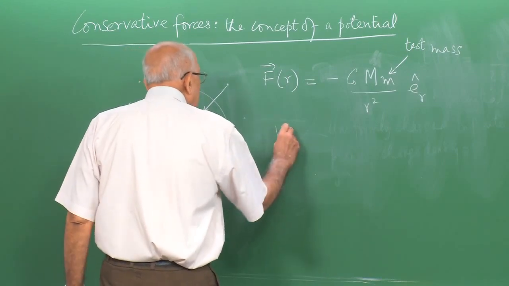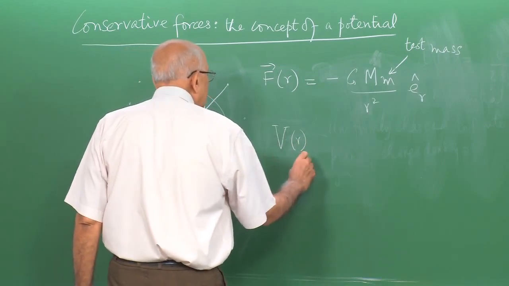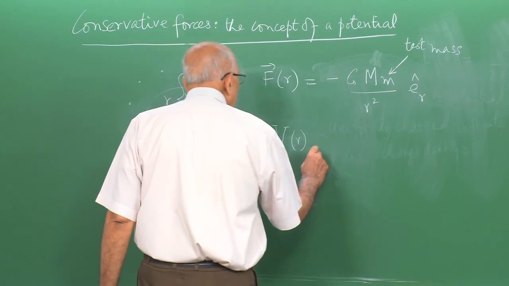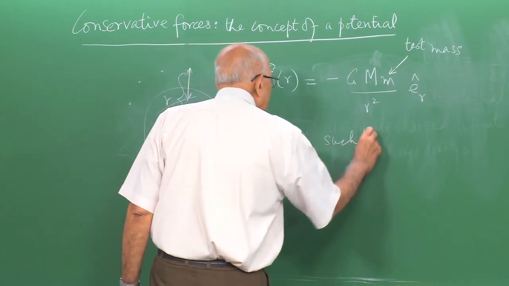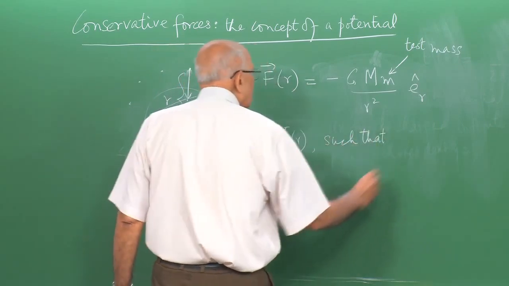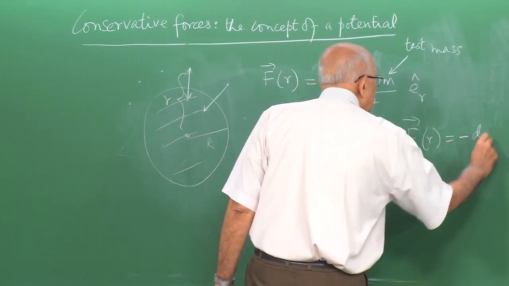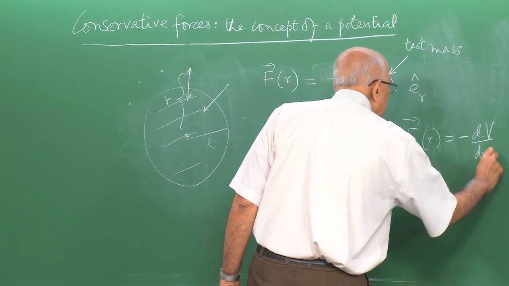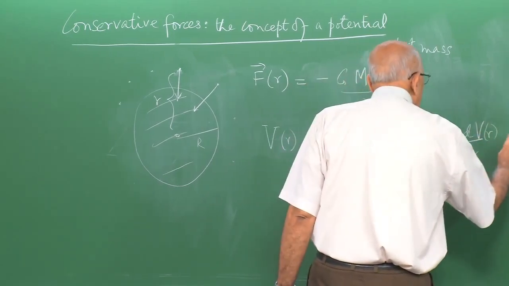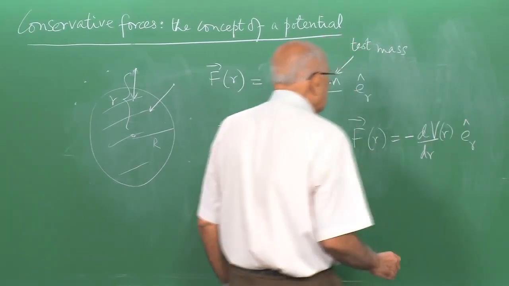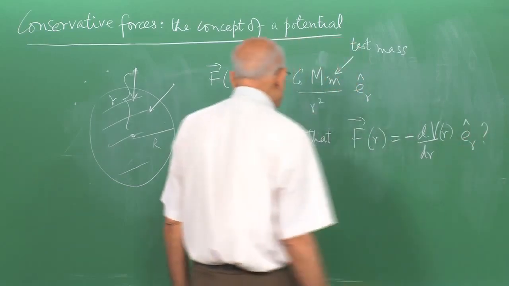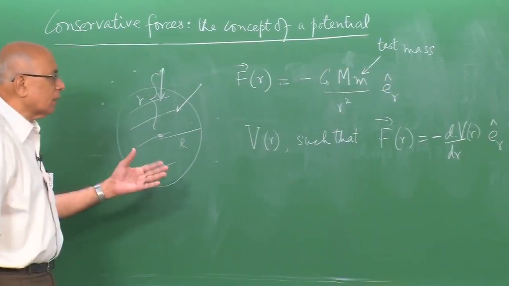In other words, is there a function V of r such that F of r is equal to minus dV over dr, times e_r? Can we find such a V of r?